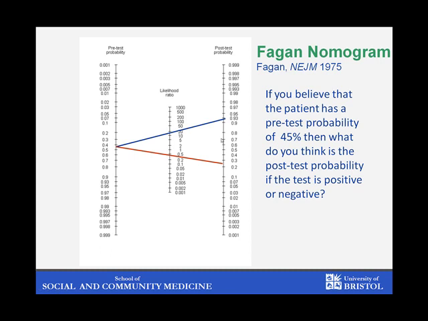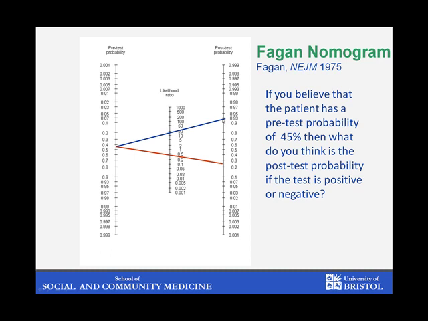So in the case of Mr. Smith, if we believe he has a 45% chance of having rheumatoid arthritis before the anti-CCP results come in, we'd simply put a cross here at the 0.45 as shown by the mouse arrow. Similarly, this is a little bit tricky because the scale's quite fine. We'd have to put a little cross somewhere between the 10 and 20 to reflect the positive likelihood ratio of 13.5, or similarly 0.48 for the negative likelihood ratio.